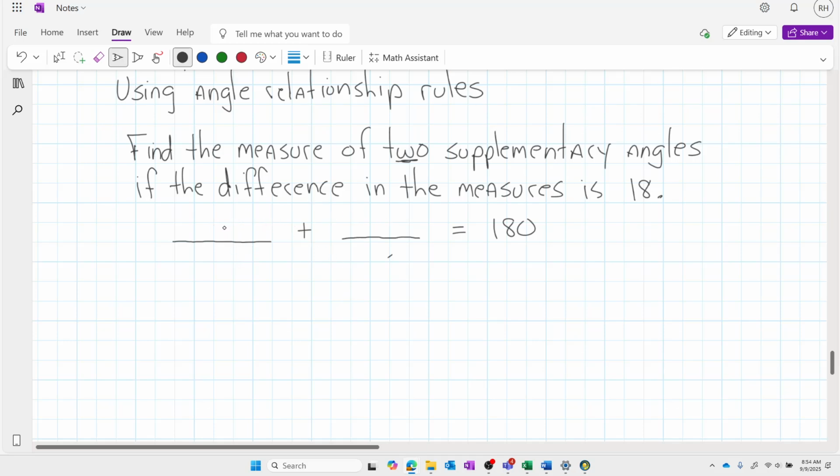We're just going to call the first angle X. And what does difference mean? Subtraction. So if the difference in the measures is 18, the second angle is going to be X minus 18. And if you want to, you can call this angle 1, and this would be angle 2.